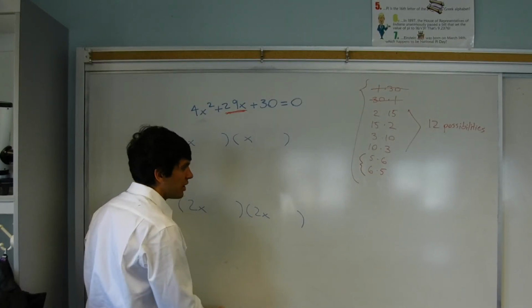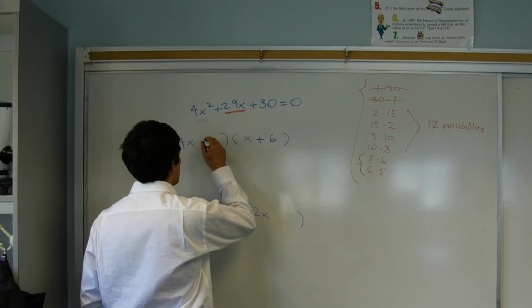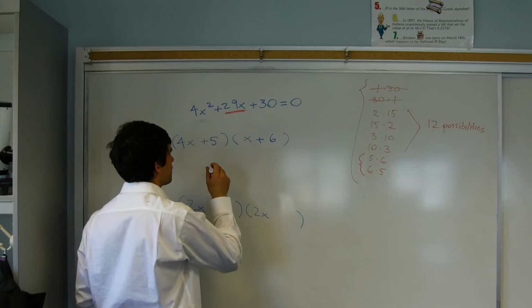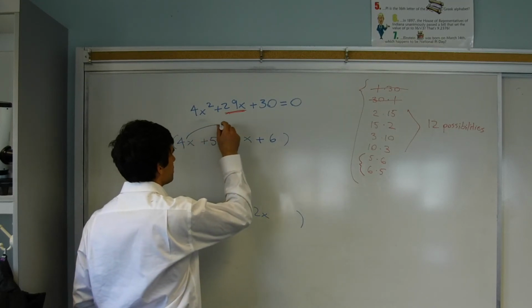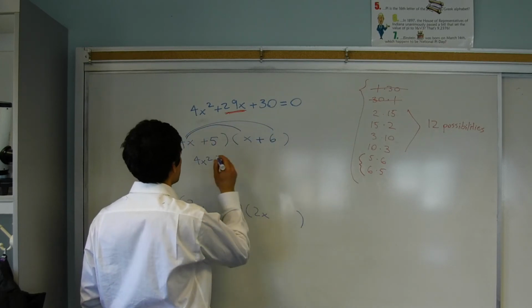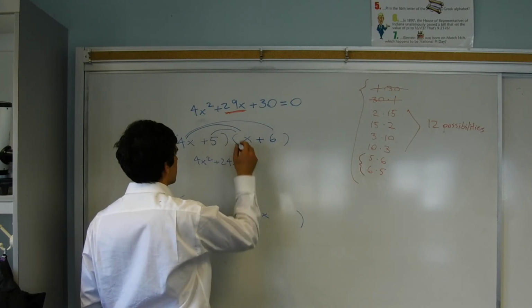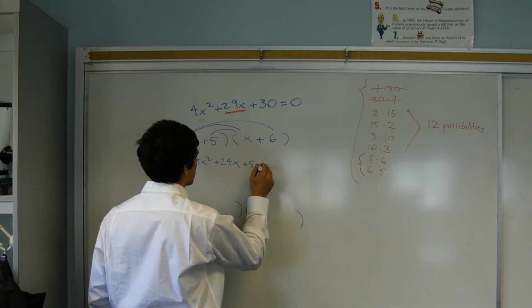So if I put the 6 here and a 5 here, our first term is going to be equal to 4x squared. Our second term is going to be equal to 24x. Our third term is going to be equal to 5x.